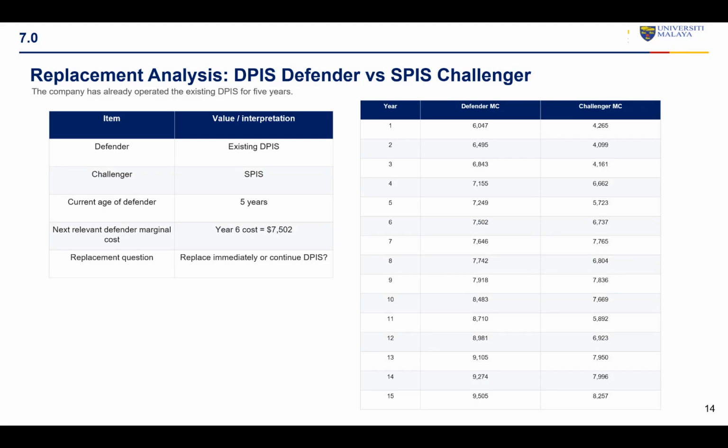Therefore, the next relevant marginal cost of keeping the defender is the year 6 DPIS marginal cost, which is $7,502. The objective is to determine whether the company should keep operating DPIS or replace it with SPIS immediately.